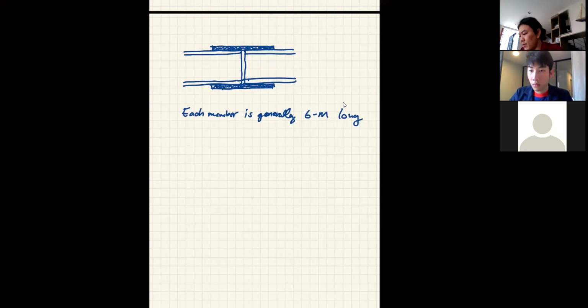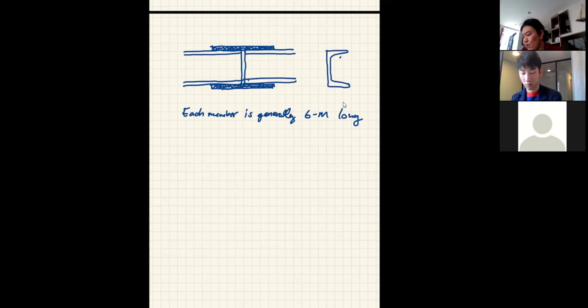Or when you have the channel, the C channel, generally the channel is made in a way that its flanges are tapered, just like the I beam. So when you try to bolt it somewhere around here, it's going to be difficult, right? Because the thickness of the flange is not constant.